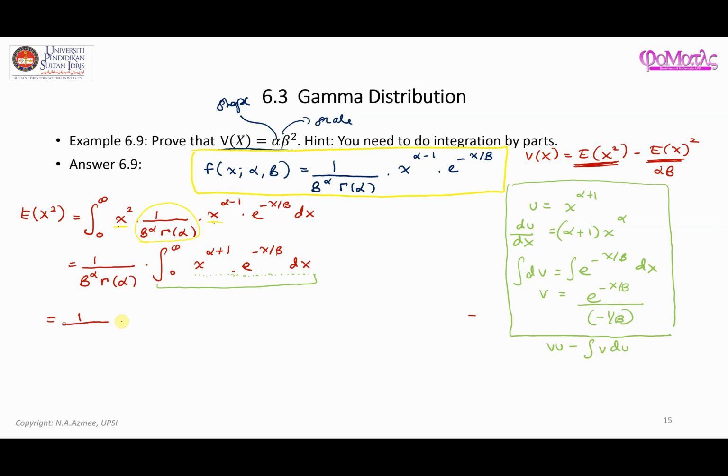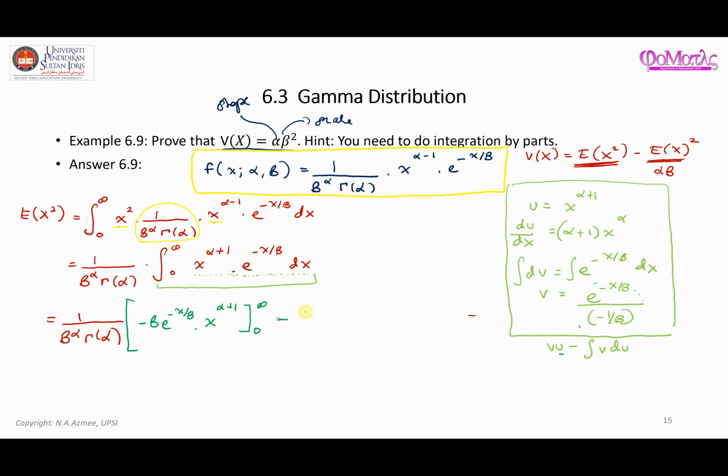So we have 1 over beta to the alpha, gamma of alpha, and for that part we focus on what v is. v is the whole thing here, which can also be written as negative beta e to the negative x over beta. And what is u? u is x to the alpha plus 1, and the limit for this is from infinity to 0.